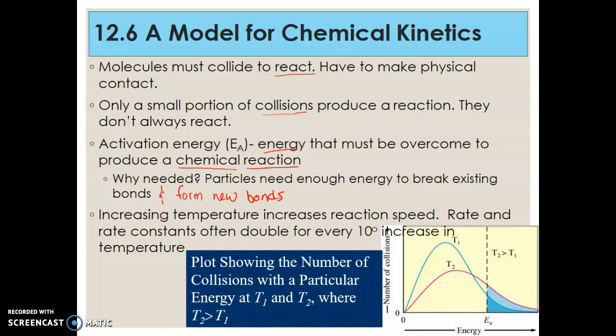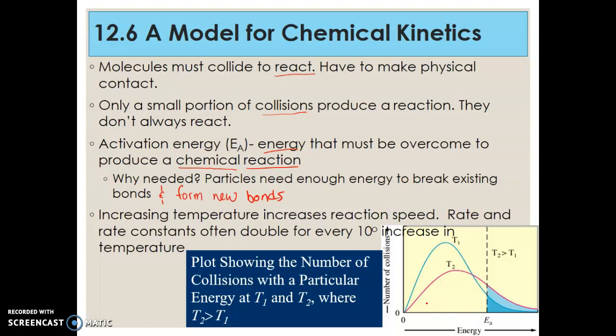This plot is showing the number of collisions with a particular energy at one temperature and then a second temperature. And one thing that we also can see is that temperature 2 is greater than temperature 1. The reason why we know this is because the activation energy is lowered, meaning less energy is required for the reaction to go, so the speed of the reaction is going to be faster.